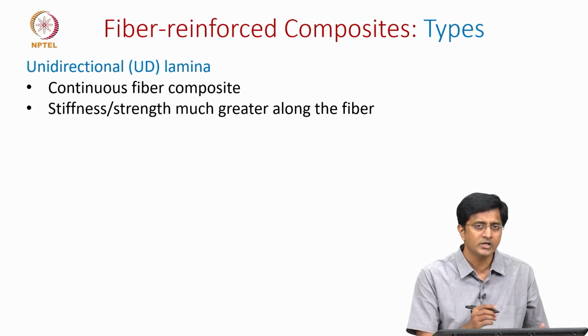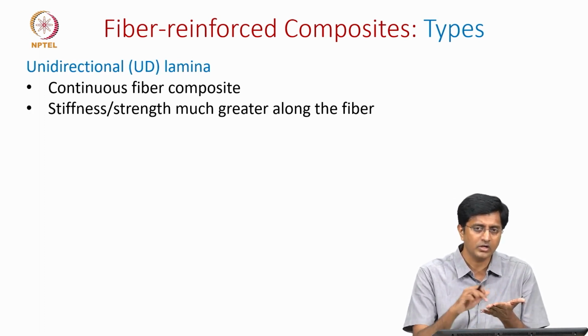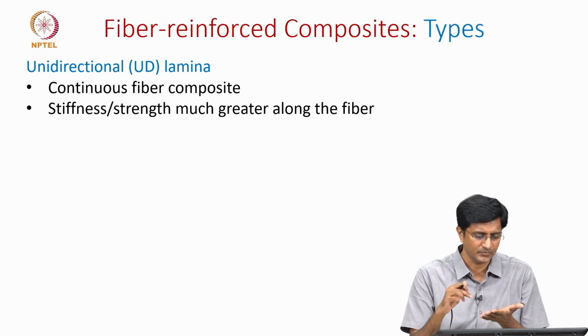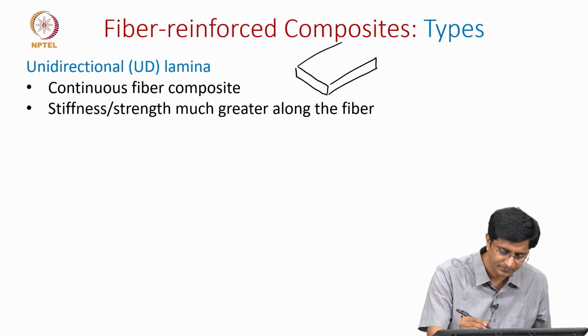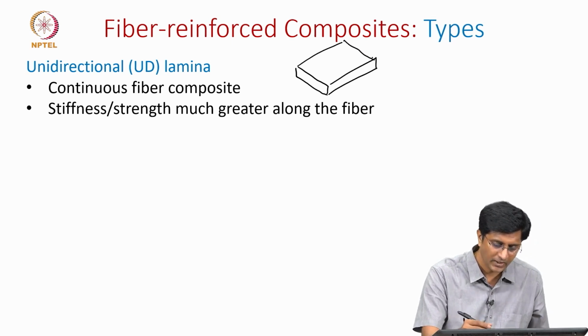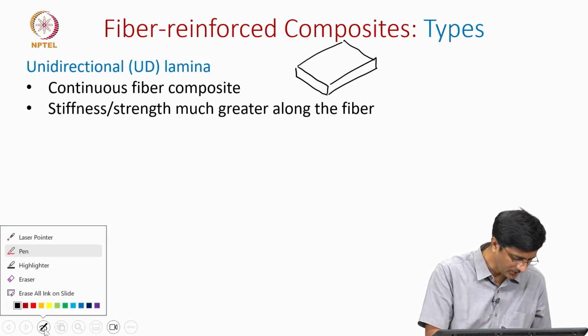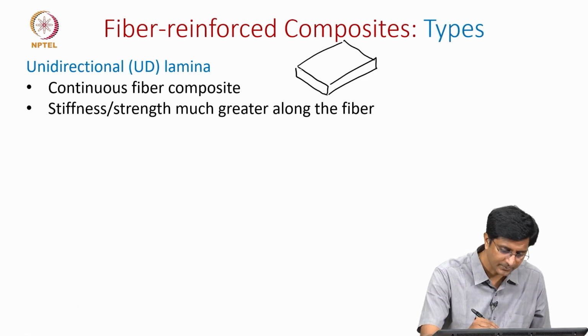Unidirectional meaning these fibers are all in the same direction, parallel to each other. So, let us say this is a single layer of the lamina, and let us say now we have these fibers all in one direction.